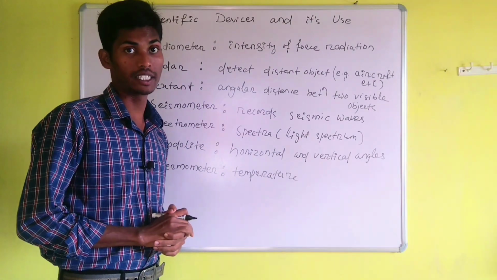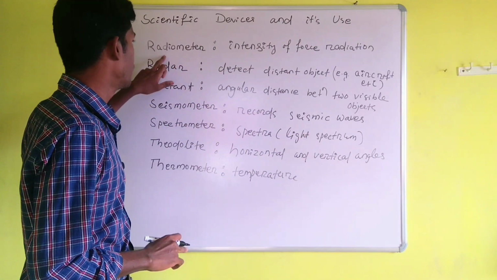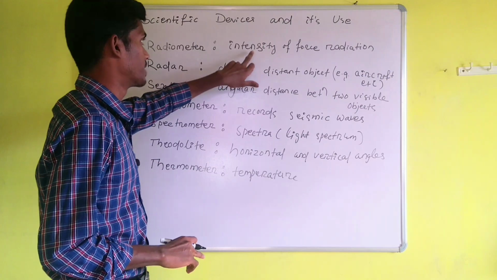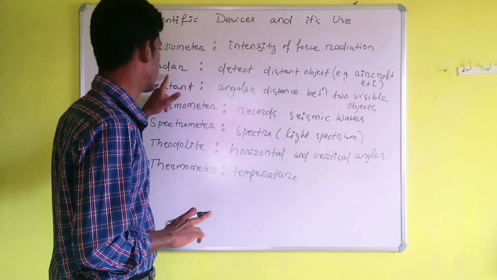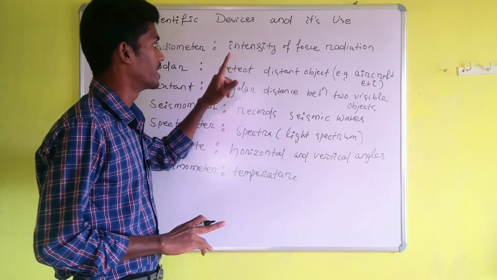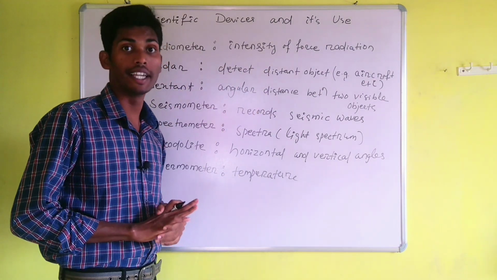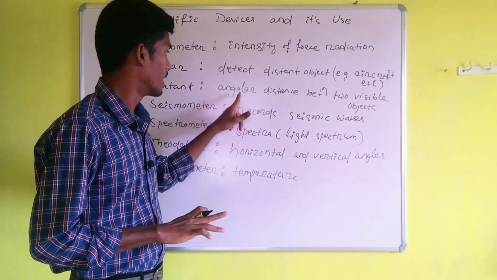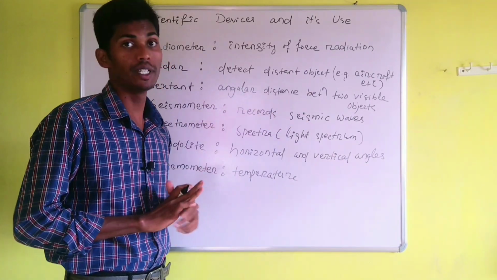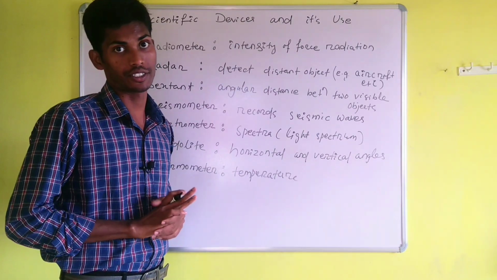Now repeat with me. Radiometer is used to measure intensity of force radiation. Radar detects distant objects, that is aircraft, etc. Sextant measures angular distance between two visible objects.